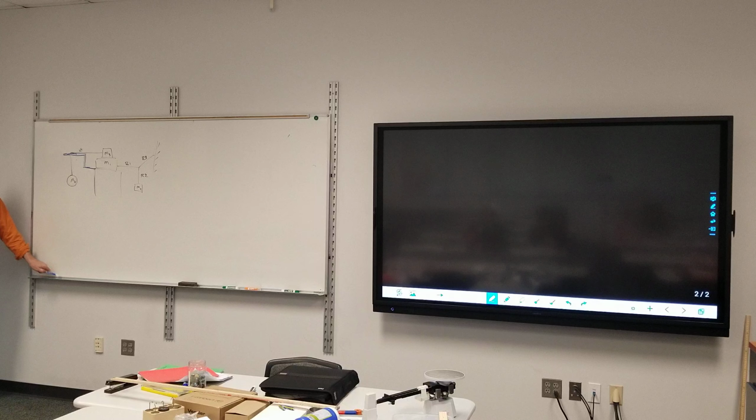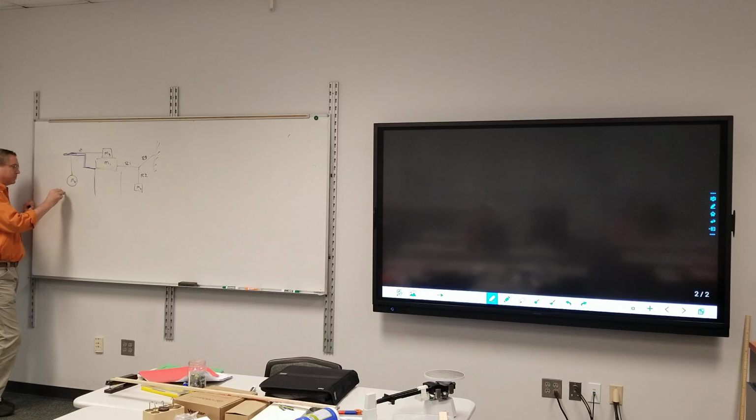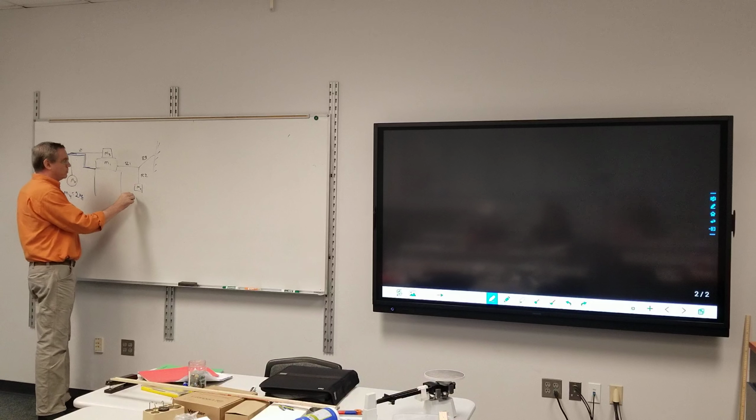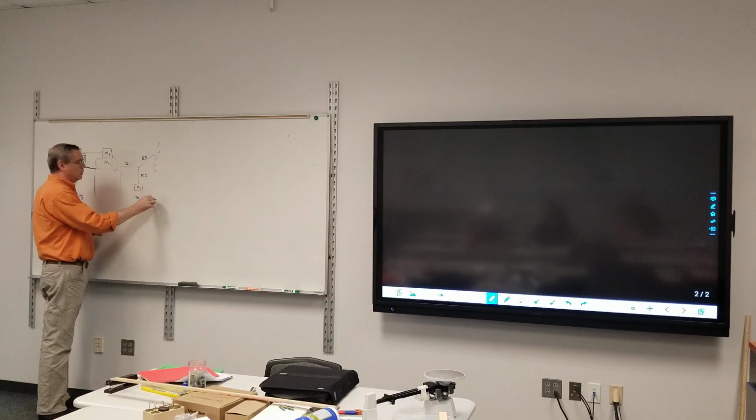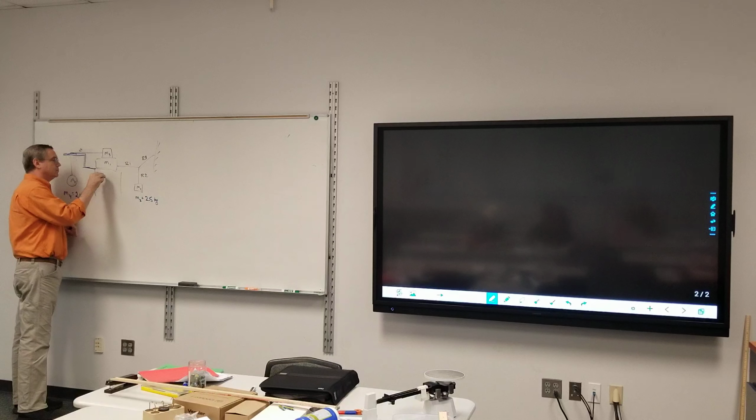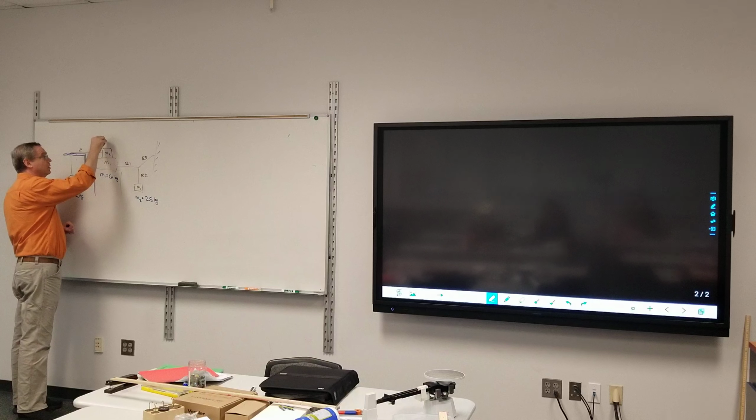Mass 4 was 2 kilograms. Mass 2 is 2.5 kilograms. Mass 1 is 6 kilograms. Mass 3 is 5 kilograms.